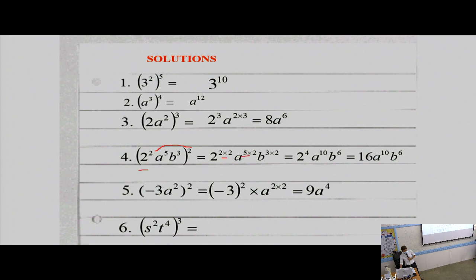Copy the base, multiply the exponent since we are raising a power to a power. What is the answer for number 6? Do not tell me that you don't know. No, we're not done. Unless you give me the answer, we're not going to go.